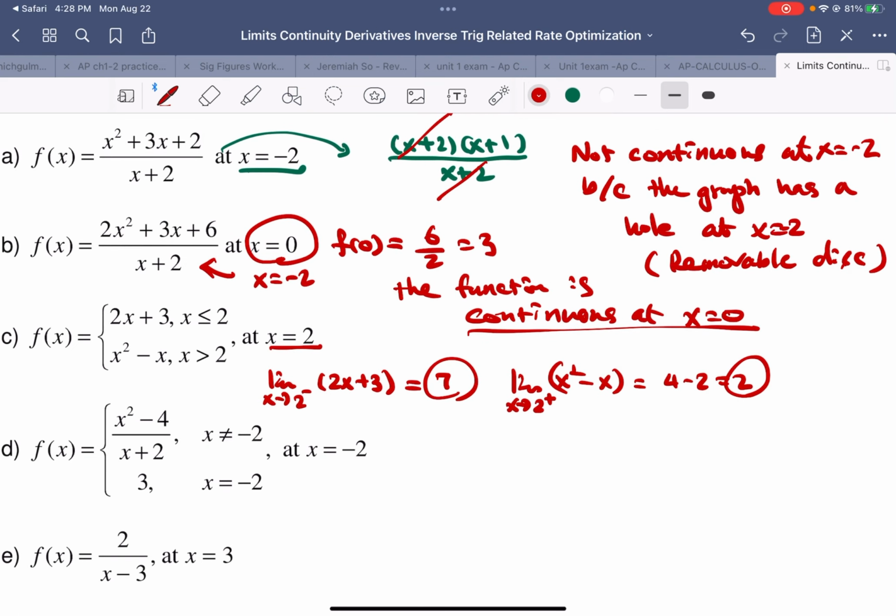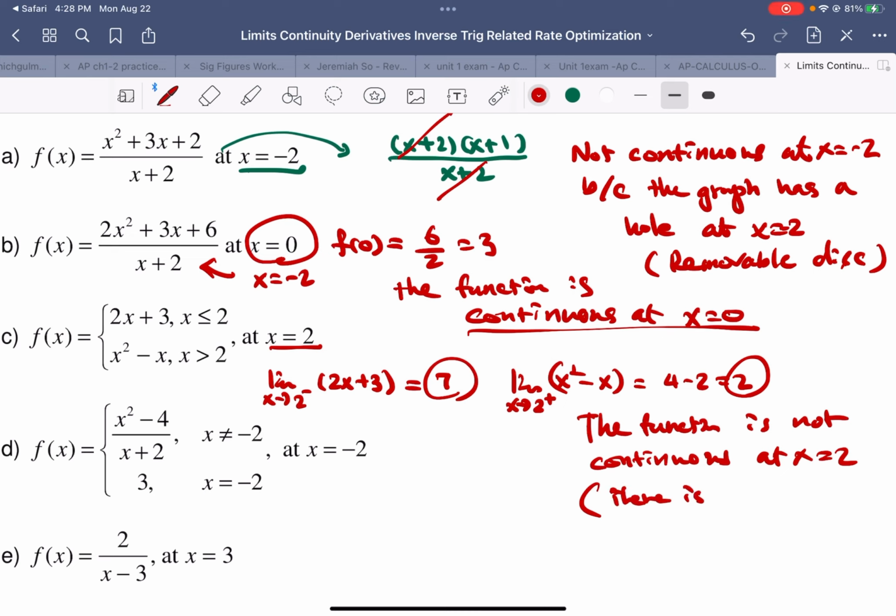So the function is not continuous at x equals 2. There is a jump discontinuity, right?